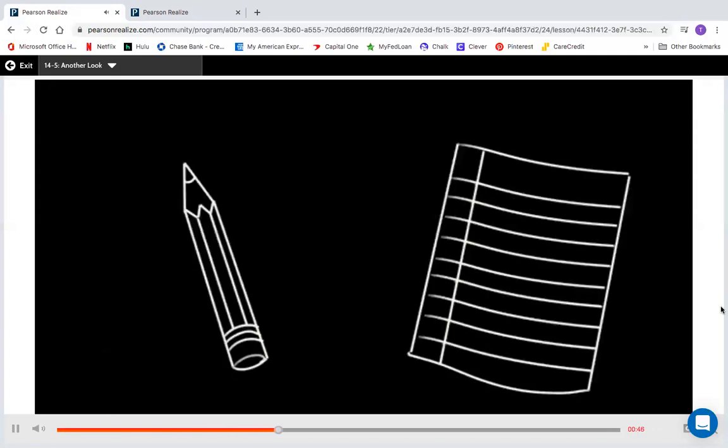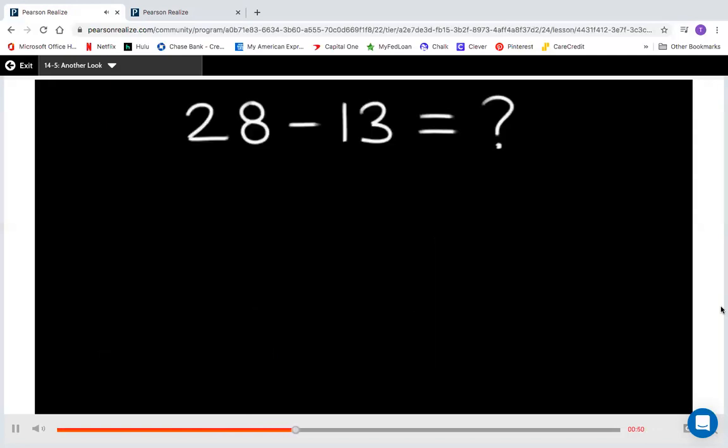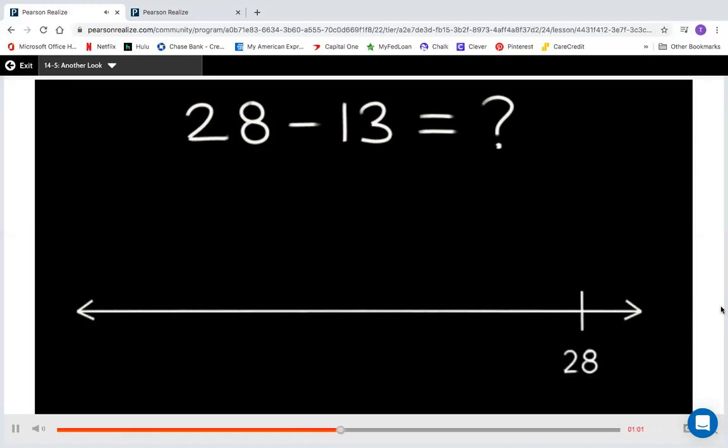I know, I will use paper and pencil. Let's try that. Okay, so here's the problem I have to solve. 28 minus 13 equals what? Let's draw a quick number line to help. I will start at 28 for the 28 miles my friend first drove. Let's mark that. I need to subtract 13 because he went back 13 miles. But let's make this problem easier.